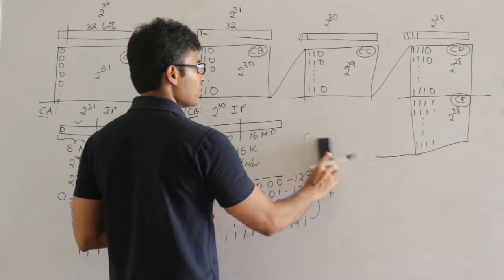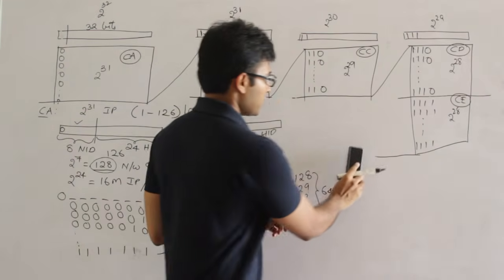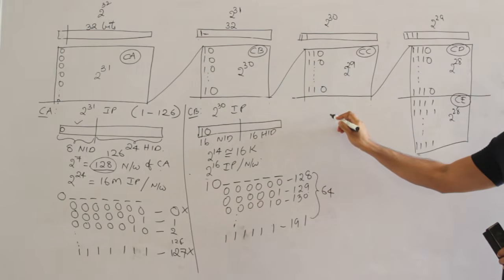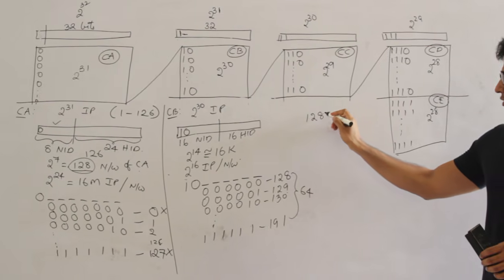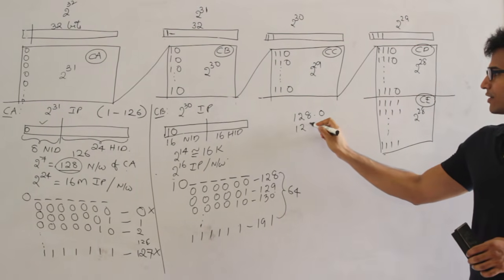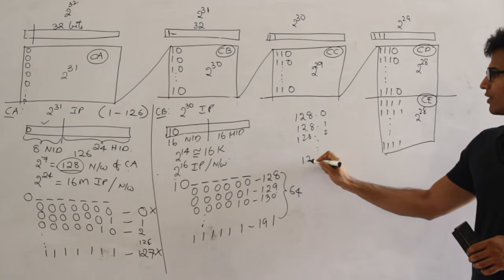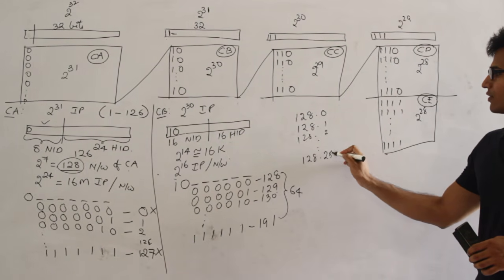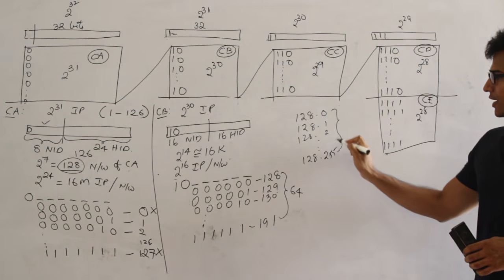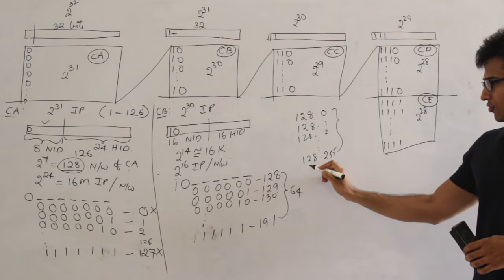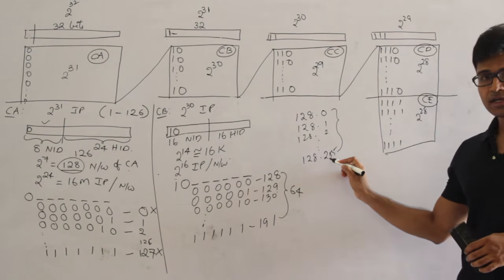If you want to see how they could be generated, you can observe it this way. Even though I am showing you only the number 128, it is actually equivalent to 128.0, 128.1, 128.2, and so on up to 128.255, which means every number is capable of generating 256 networks. We have 64 numbers and every number is capable of generating 256.